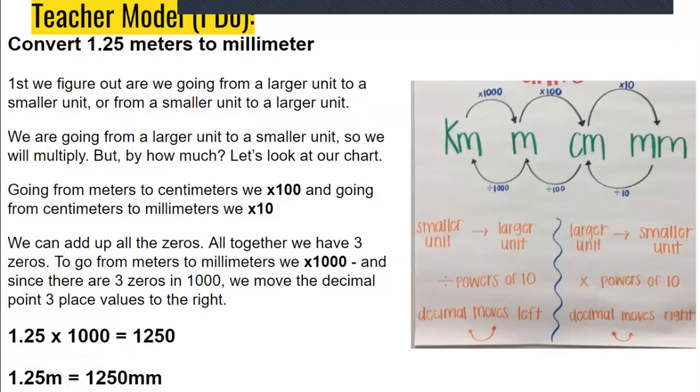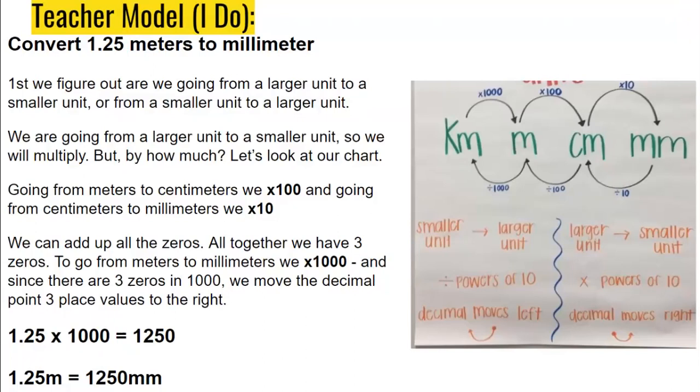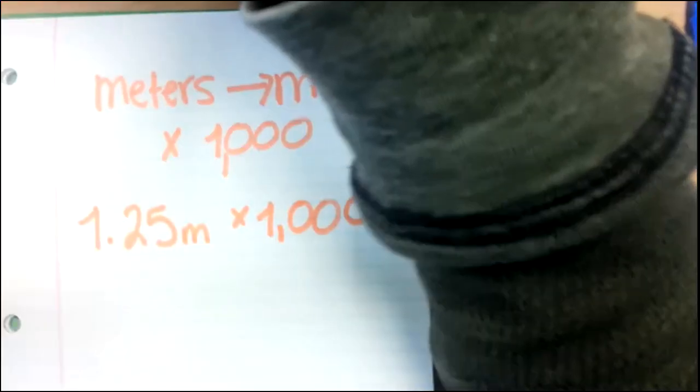So that is 1.25 meters times 1,000 is equal to, let me show you my view, right?